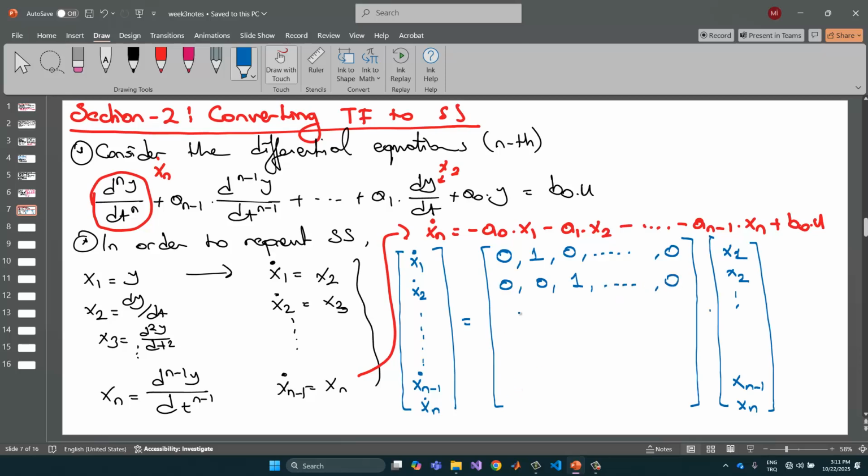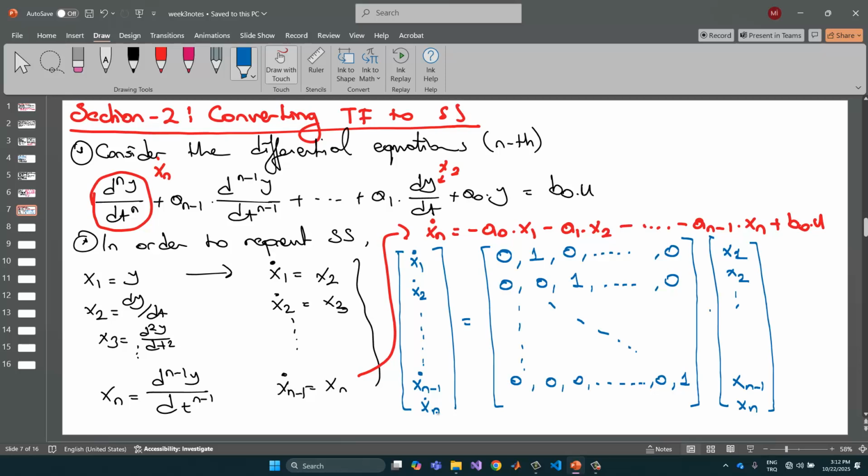What about the last one? The same pattern happens in here, and xn-1 dot is 0, 0, 0, and so on until 0, and then 1 for xn, right? And so this is 1. What about the xn dot?